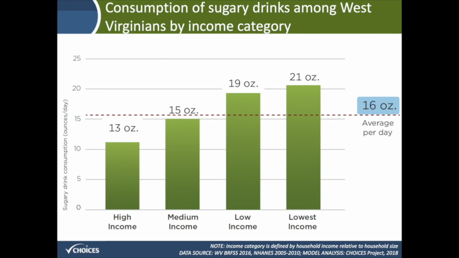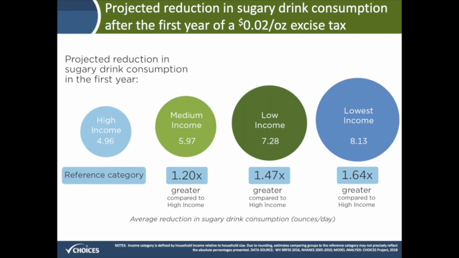And so we found that the projected reduction in sugary drink consumption over the first year is about 4.96 ounces per day on average. That's for high incomes, but it was almost 1.7 times greater for the lowest income category compared to the high income category.